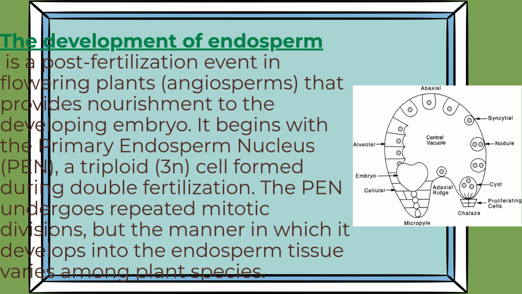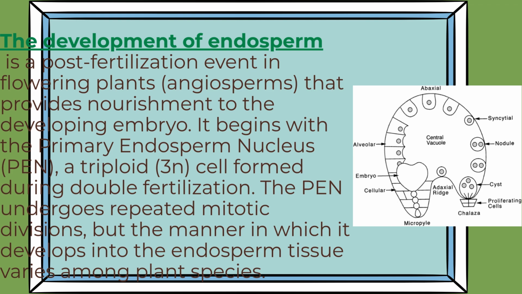The development of endosperm. It is the post fertilization event in flowering plants called angiosperms that provides nourishment to the developing embryo. It begins with the primary endosperm nucleus, a triploid, which is 3n, cell formed during double fertilization.